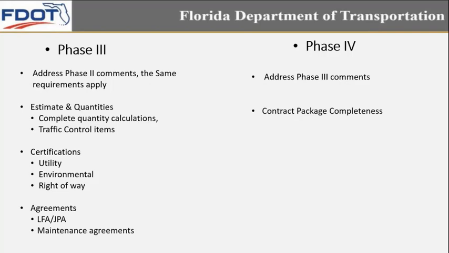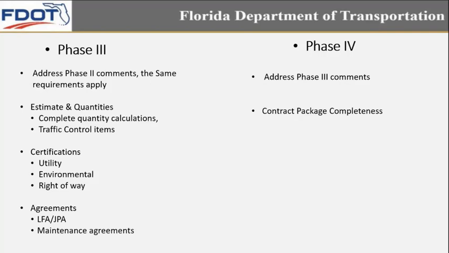And for phase 3 and phase 4, your checklists and process should be very similar to phase 2 in terms of the overall framework, but the focus is different. Phase 3 is about addressing phase 2 comments, but the same framework of requirements still applies. But you're also looking at things like your estimates and quantities now, ensuring complete quantity calculations and that traffic control items have a basis and follow the basis of estimates.